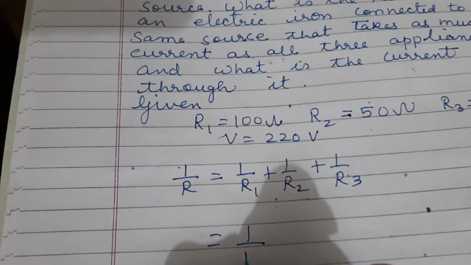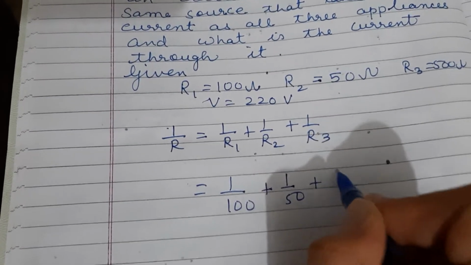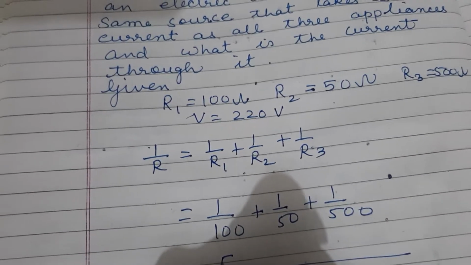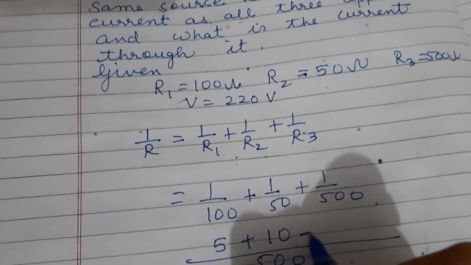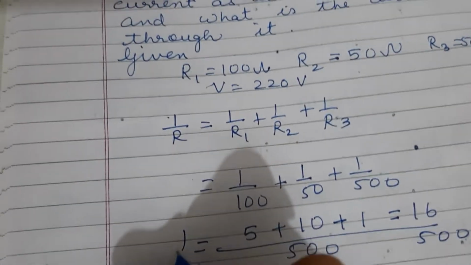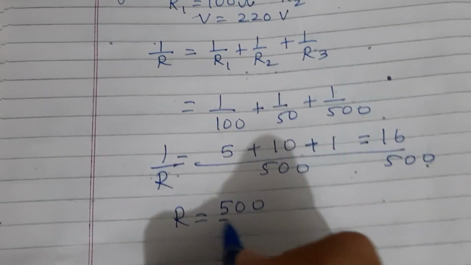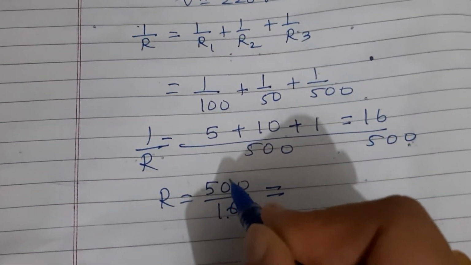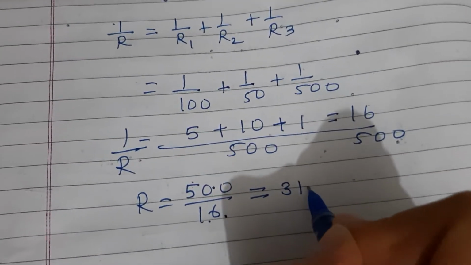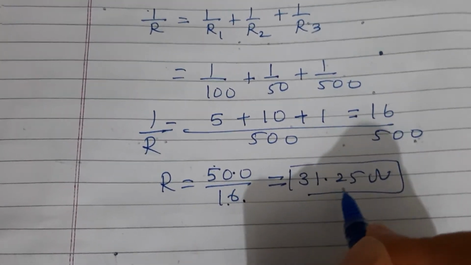So 1 by 100 plus 1 by 50 plus 1 by 500. By taking LCM, 5 plus 10 plus 1, we will get 16 upon 500. Children, this is 1 by R, so R is equal to 500 upon 16. When you divide 500 by 16, you will get 31.25 ohm. This is the total resistance we got.